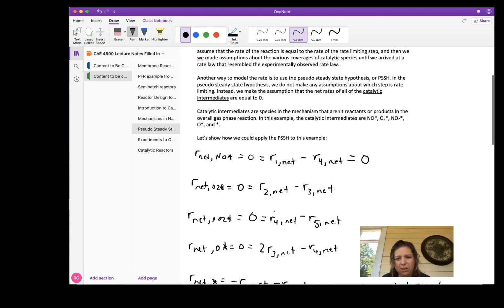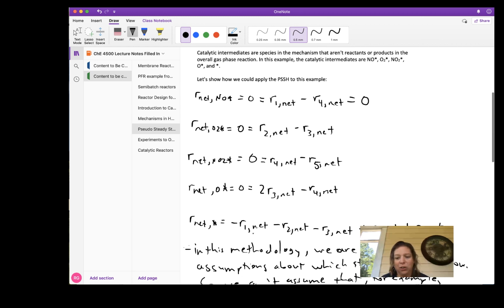In that case, it would be easier to solve for the coverages of the different species. What we would do then is use that information to solve for the coverages of atomic oxygen and nitric oxide. If we do that, what we want to find is that the coverage of oxygen indeed is close to 1, and the coverage of nitric oxide and free sites are close to 0. If we don't find that, then the assumption that we made is not correct.